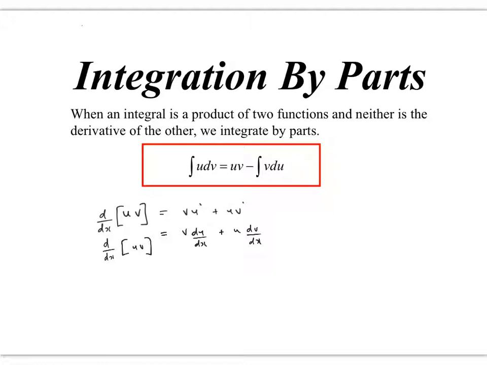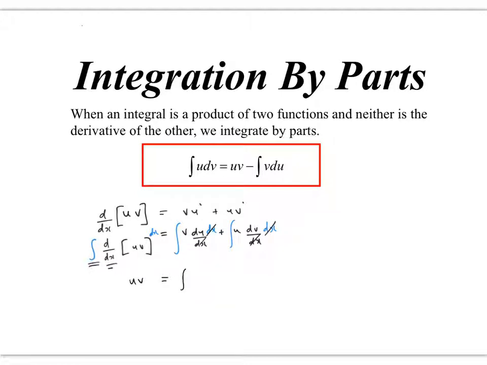Now if we integrate everything with respect to x, so integrate this with respect to x, integrate this with respect to x, and also that with respect to x, what we end up getting, well, you can get rid of those dx's, top and bottom, and when you integrate a derivative, you're left with just the original expression.